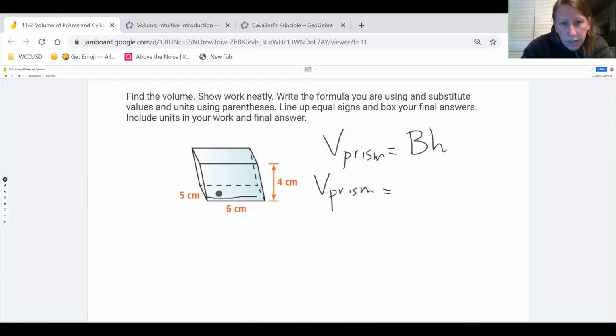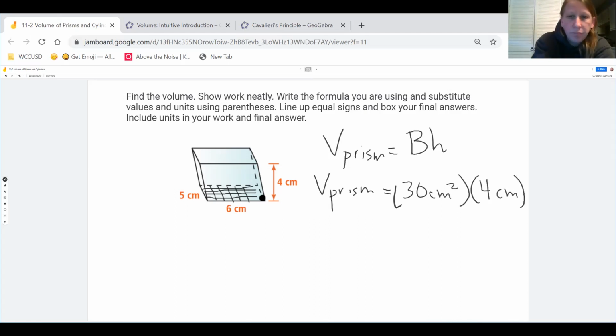I could draw 5 by 6, count up all the squares, and see that 30 centimeter squares fit in the bottom. And how many stacks of those do I have? I have 4 centimeter stacks. So the volume of this prism, even though it's oblique, is 120 centimeters cubed.